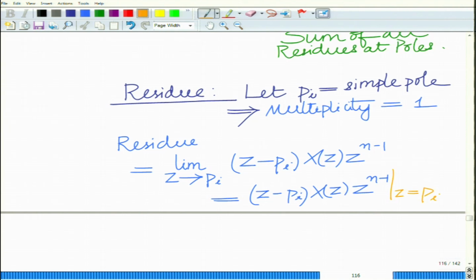So, this is the residue at a simple pole p_i, that is, a pole of multiplicity 1.